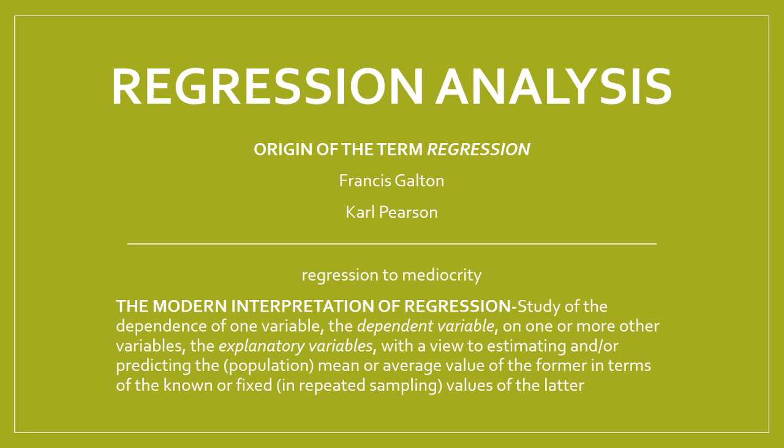Modern regression analysis is concerned with the dependence of one variable, the dependent variable, on one or more other variables, the explanatory variables, and our purpose is the estimation or prediction of the population mean or average value of the dependent variable in terms of the given or fixed values of the independent or explanatory variables.